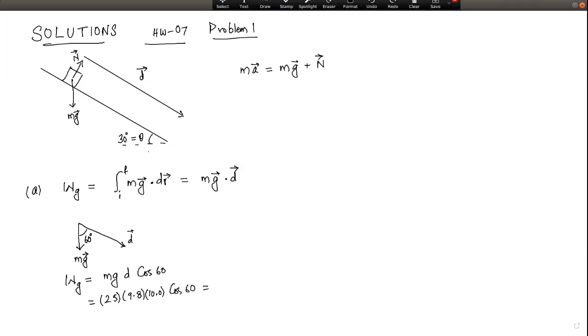Let's restrict it to 2 sig digits. So it's 1200 joules. 2 sig digits because 9.8 is 2 sig digits. That's the work done by gravity, and the expectation is that this work should show up as motion. That means to say the velocity of this block should increase.